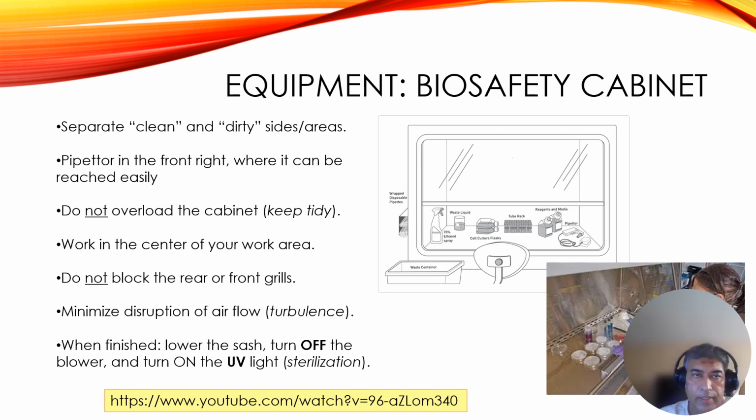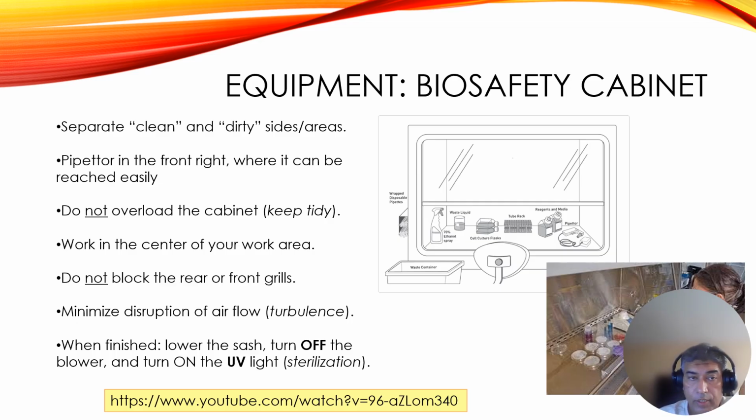To separate clean and dirty areas, place the pipettor in the front right where it can be reached easily if you are right-handed. If you are left-handed, you can put it on your left side. Do not overload the cabinet. Keep it tidy. Work in the center of your work area, not on one side.